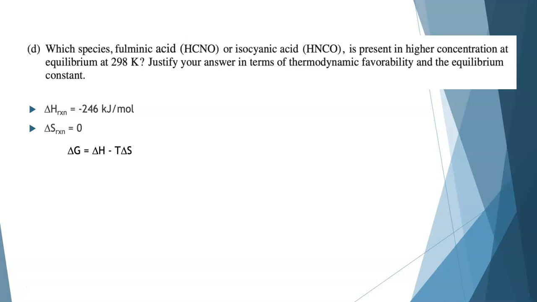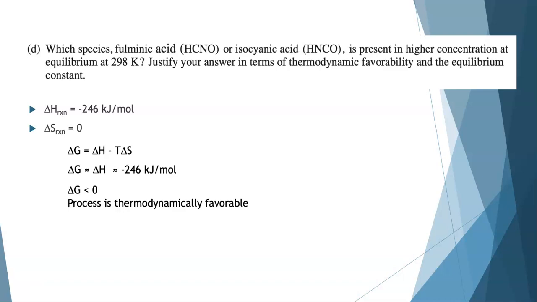So if we think about the formula for Gibbs free energy, delta H minus T delta S, the delta S term is zero, so the T delta S term basically drops out. And so the Gibbs free energy value is going to be very close to the value for delta H for the reaction. So it's about negative 246 kilojoules per mole. That means we have a negative delta G value, and the process is thermodynamically favorable.